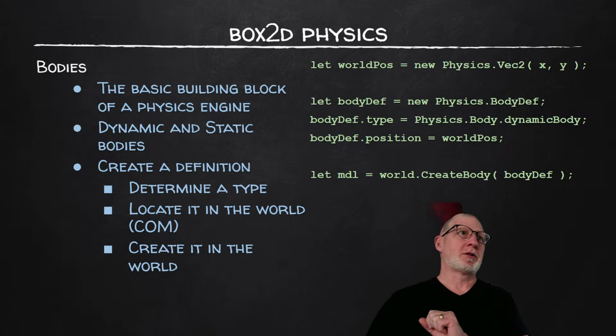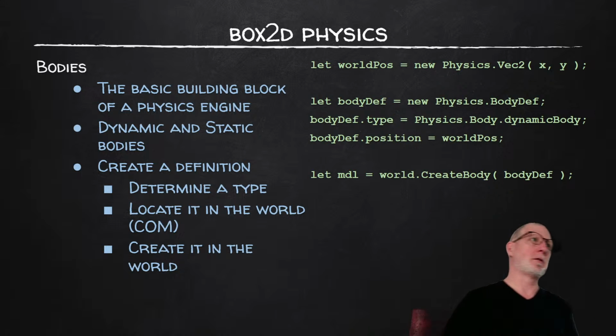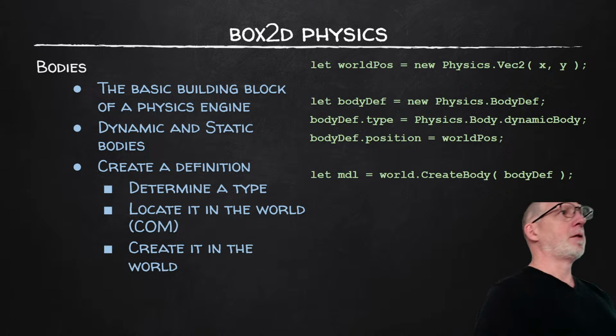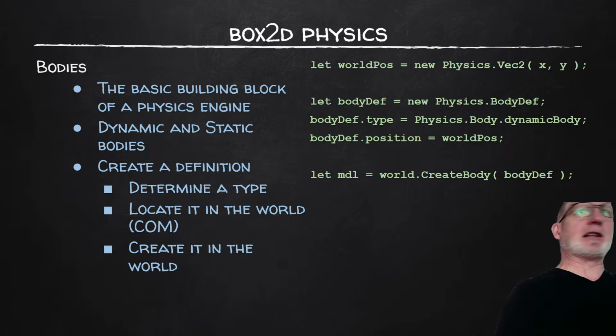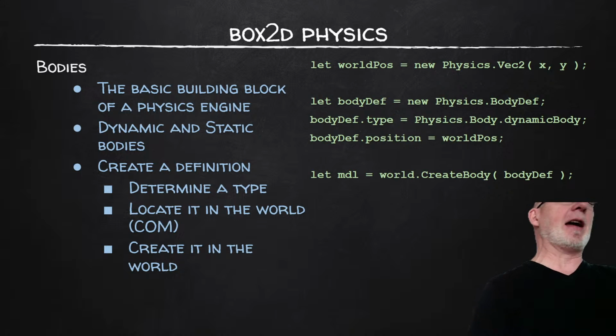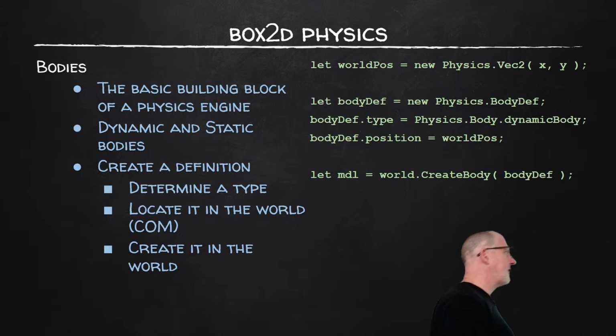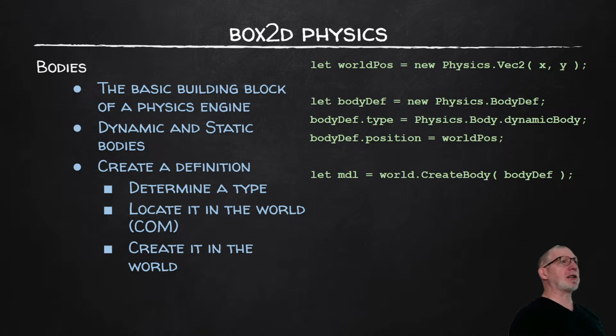So which one does what? Static doesn't move. Static is exactly where you place it, and it will never move. It doesn't pay attention to a lot of the physics. Dynamic bodies move.